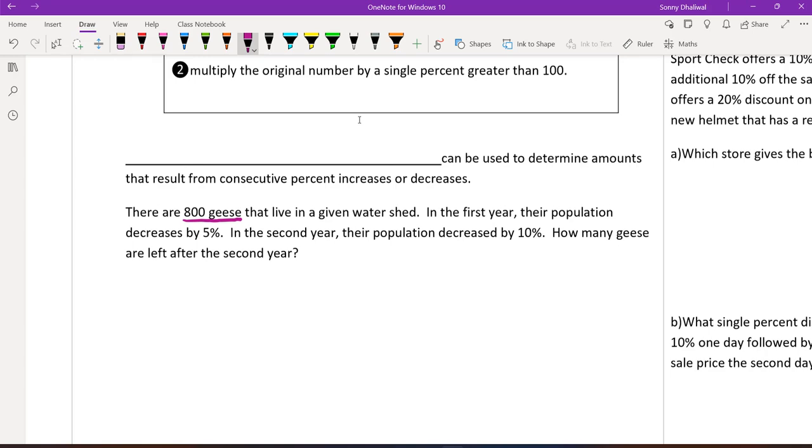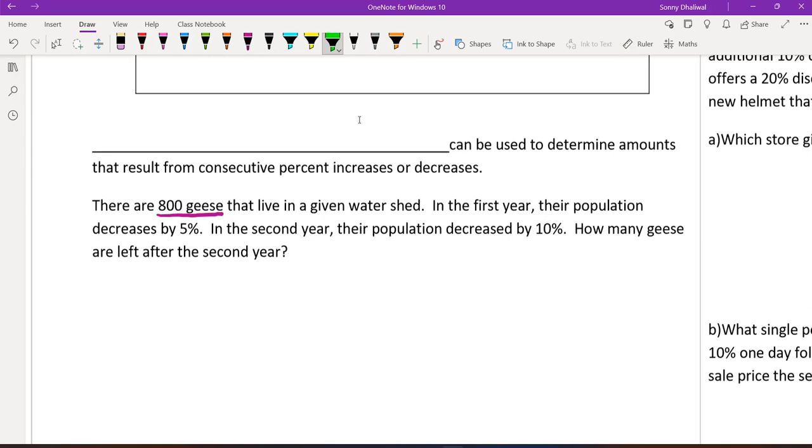In the first year, their population goes down by 5%. Then, in the second year, their population goes down by 10%. How many geese are there after the second year? In a situation like this, we just can't add those two numbers together.